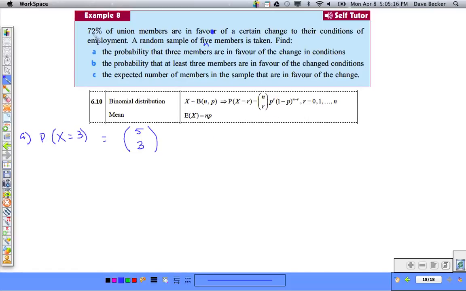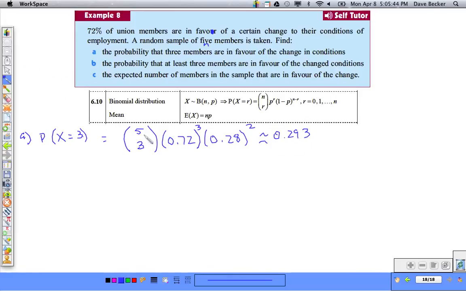The probability of success is 72%, 0.72, times 1 minus 0.72, so that would be 0.28, to n minus r, so that's 5 minus 3, so that's 2. Oops, and this is 3. And we're all set. We can crank that on our calculator and you will see that that's 0.293.